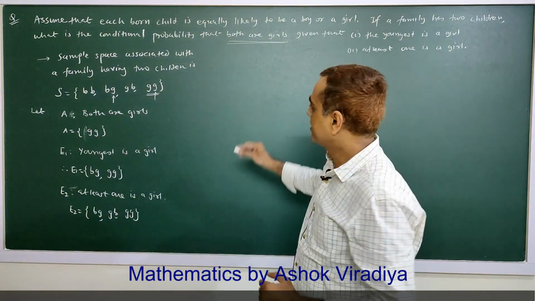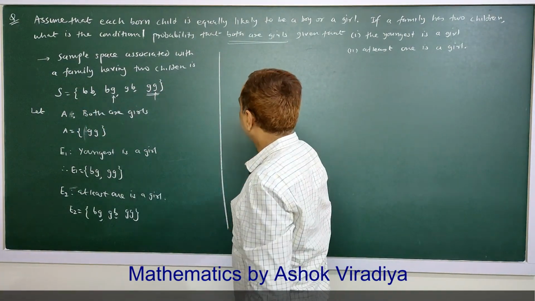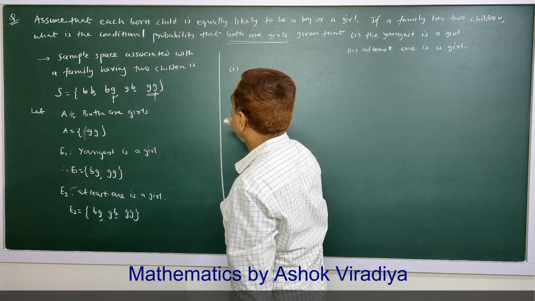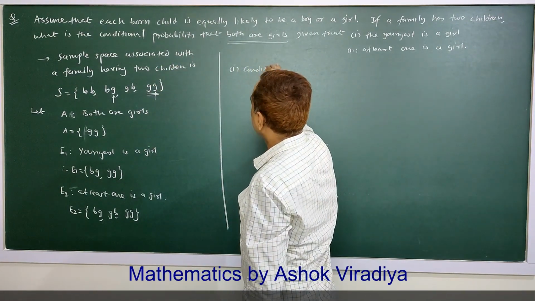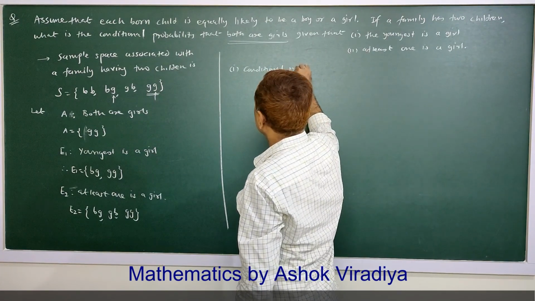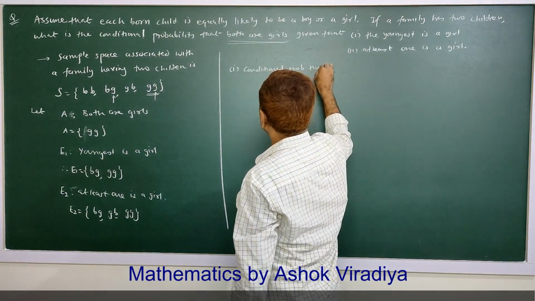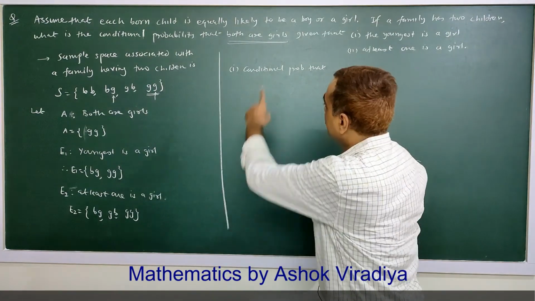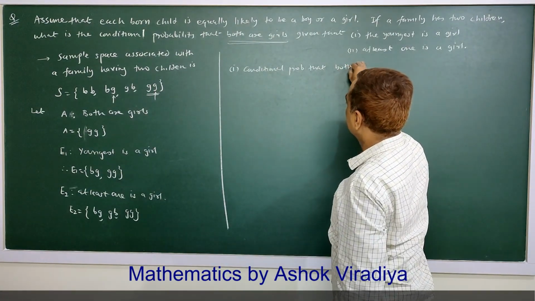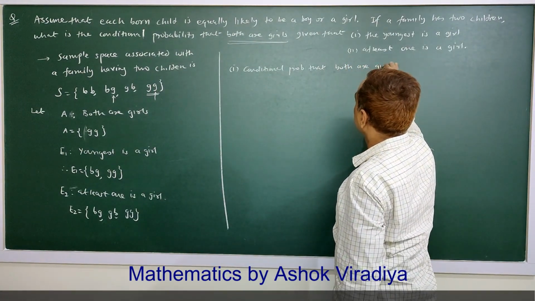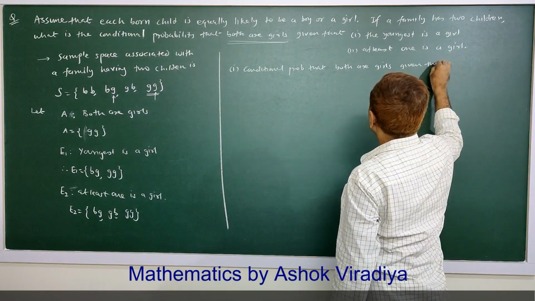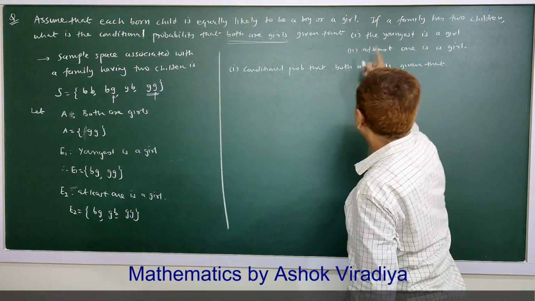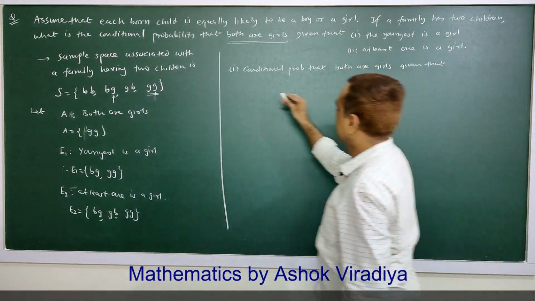Now we calculate the required probability. First is the conditional probability that both are girls, given that the youngest is a girl.